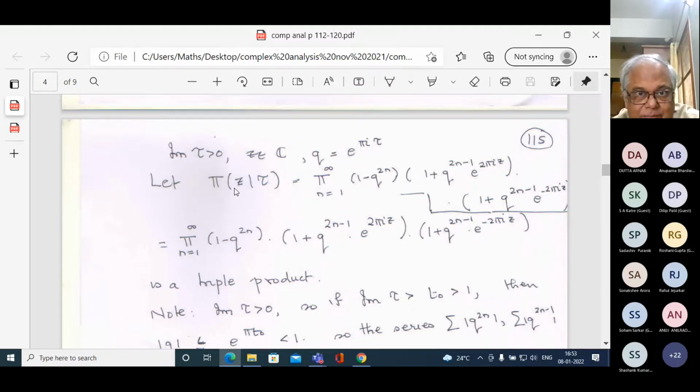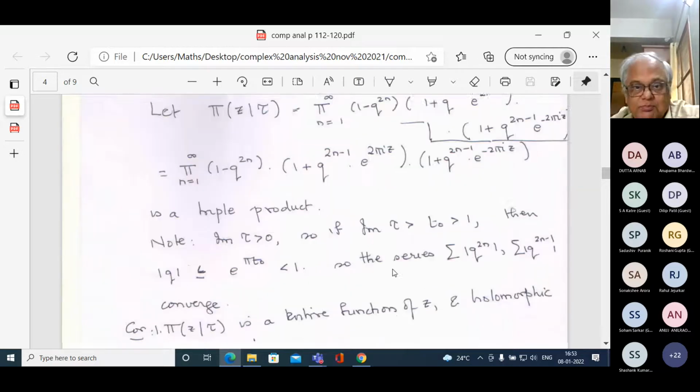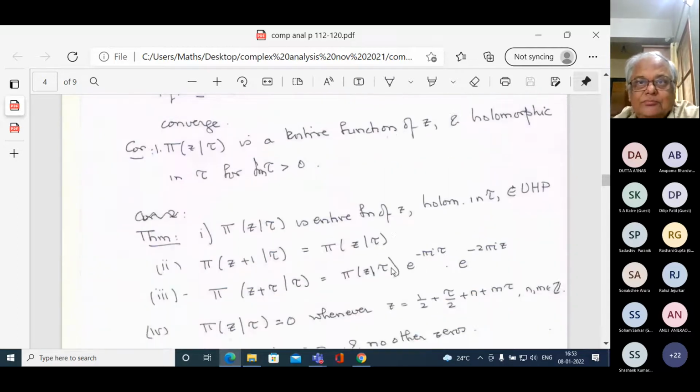Okay, so pi is a triple product. So pi of z, tau is an entire function of z, because if you fix your z in a compact subset K, then that thing is uniformly convergent on K. And as a function of tau, in any case, it is convergent for imaginary part of tau greater than t naught greater than 0.